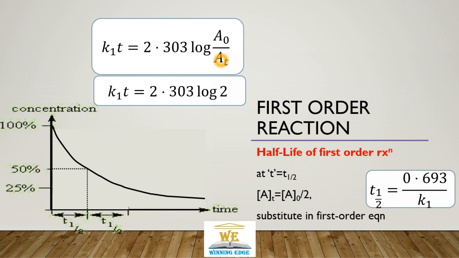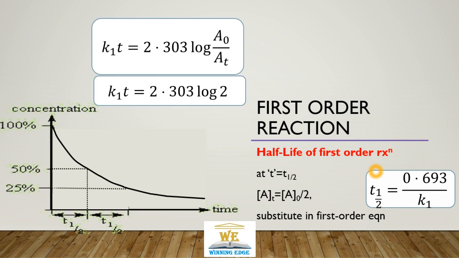What will we get? At 50% concentration at first half-life time, this is 2.303 log 2. Substituting the value for log 2, we get 0.693 divided by K1 equal to half-life of a first order chemical reaction. This is a simple expression you can remember, useful.